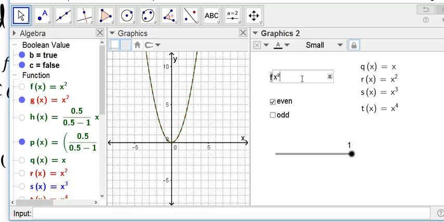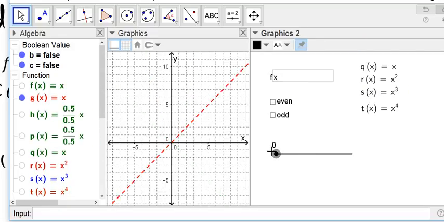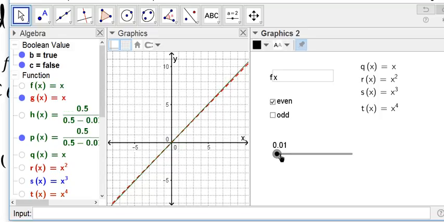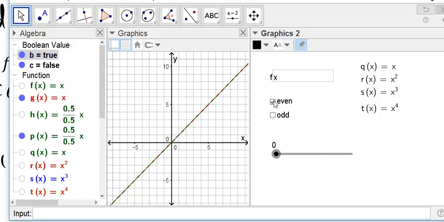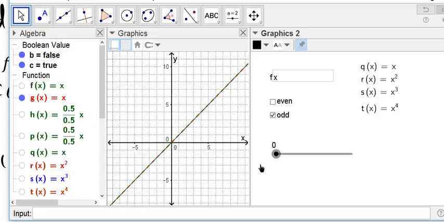We saw, let's take a look at x. Is it even? Does it have symmetry across the y-axis? Nope. Is it odd? Yep, there you go. It's an odd degree function. But what if I made it x plus 3?